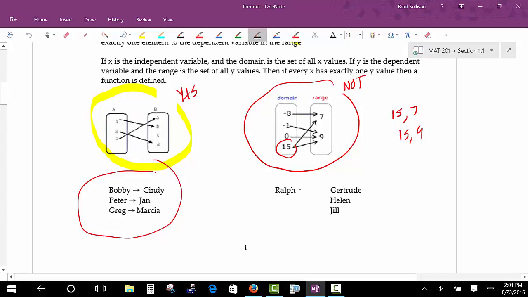All right. Now draw these arrows like this because I want you to do this. Okay, say for instance you have people like this. Is that a function? No. Okay, because Ralph is three-timing. He's got 3 girlfriends, so that's not a function. You can't do that. No two-timing. Ralph can only have one girlfriend. Okay, does that make sense to everybody? Okay.